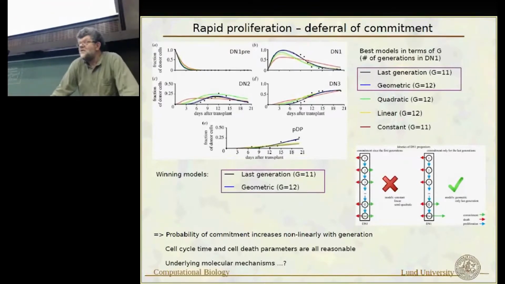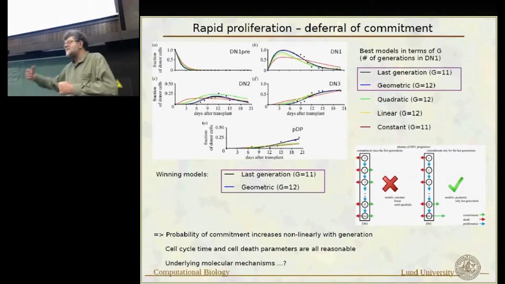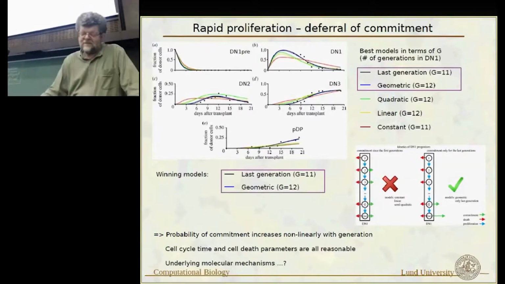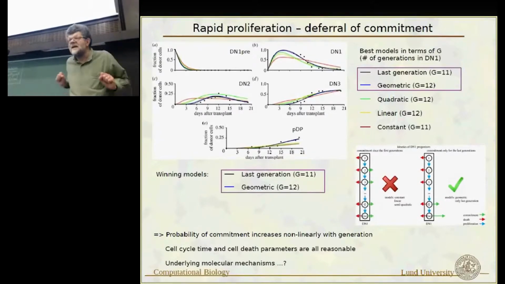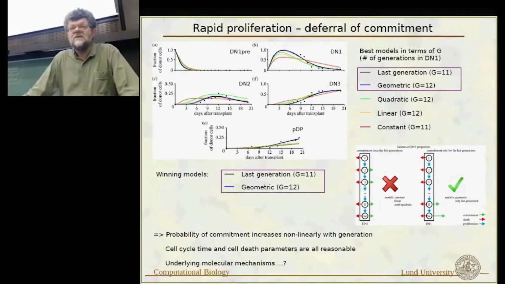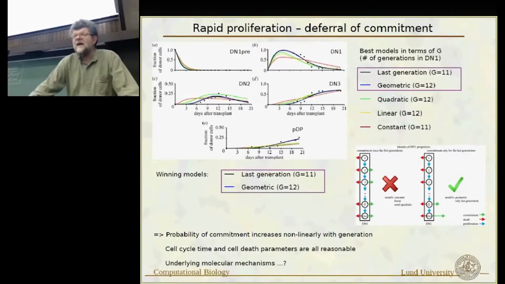So once you go into the DN1 compartment, you divide until generation something around, if we look at the geometric, around 8 or 9, and then you commit. So it's a rapid expansion, and you defer the commitment.